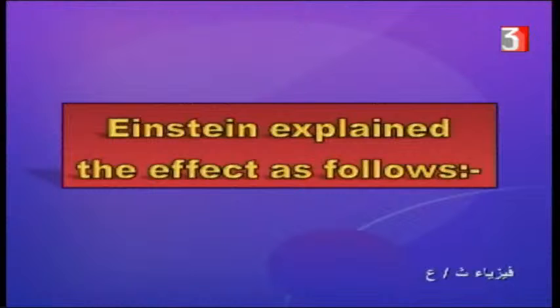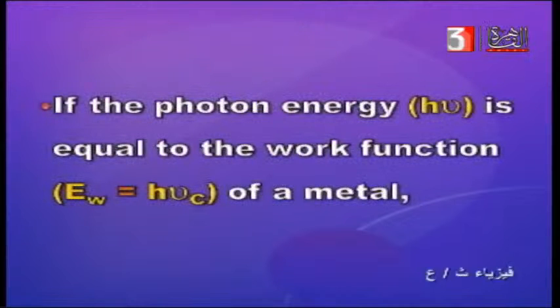So we need to repeat it again. Einstein explained the effect as follows. Once again, if the photon energy h nu is equal to the work function, the work function is denoted by EW, and it is equal to h nu C, where nu C is the critical frequency. If the photon energy is equal to the work function, what happens?